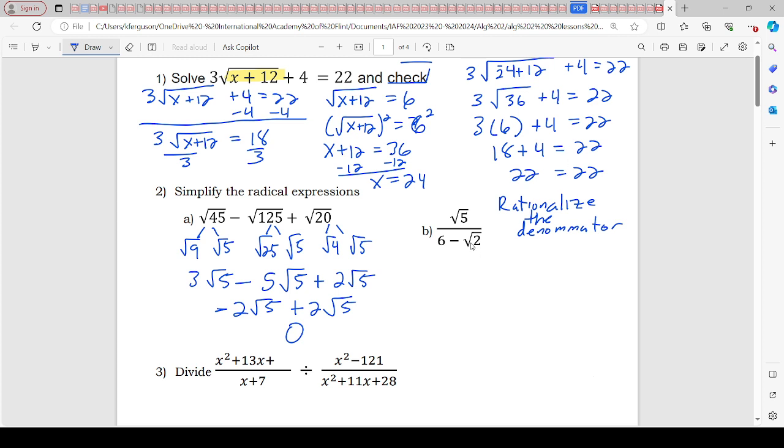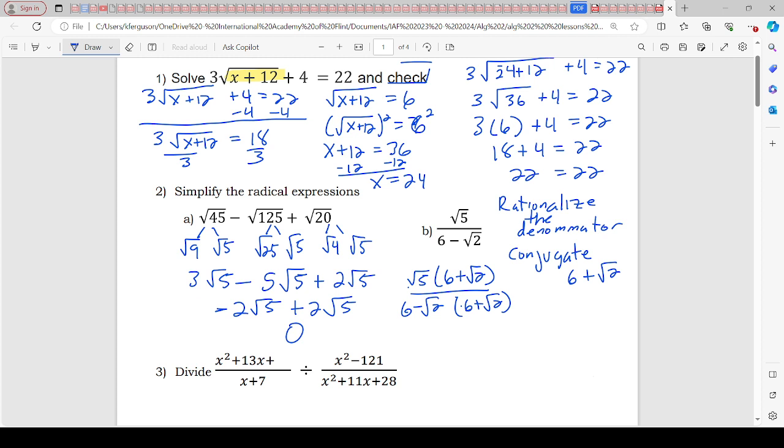So the conjugate is going to be 6 plus the square root of 2. So I'm going to multiply this top and bottom on my fraction. So I'm going to have the square root of 5 times 6 plus the square root of 2 over 6 minus the square root of 2 times 6 plus the square root of 2.